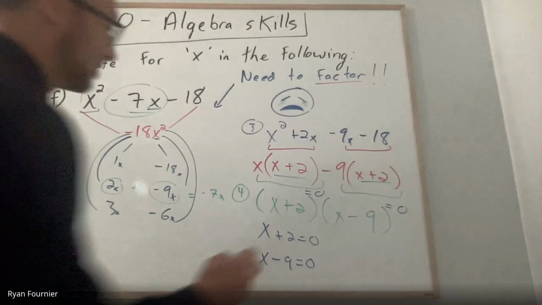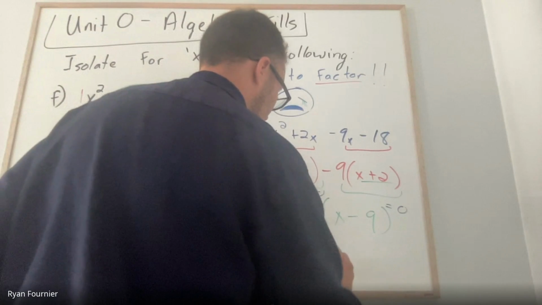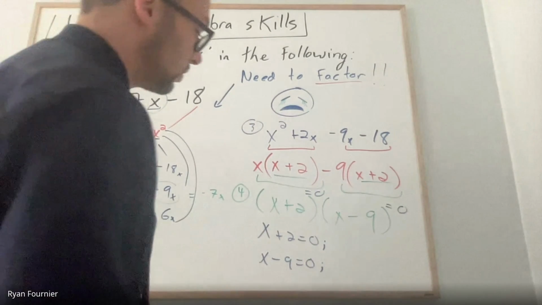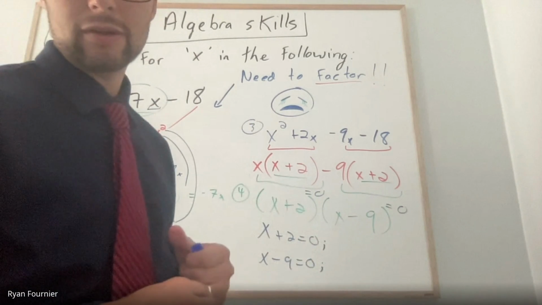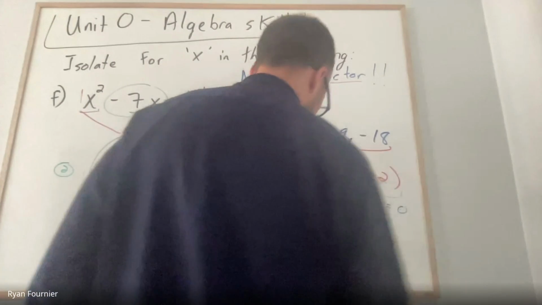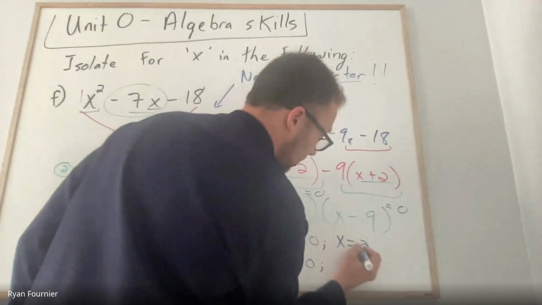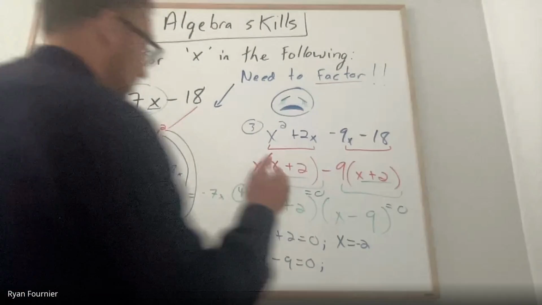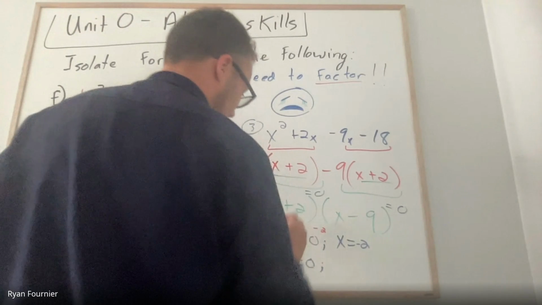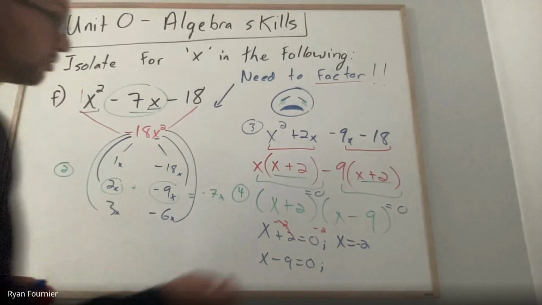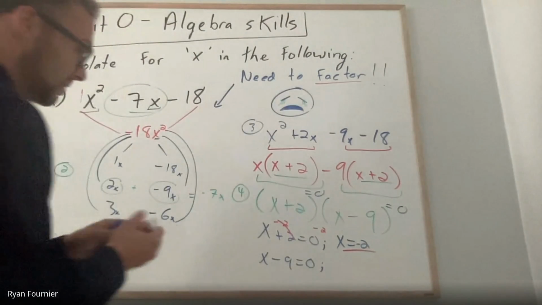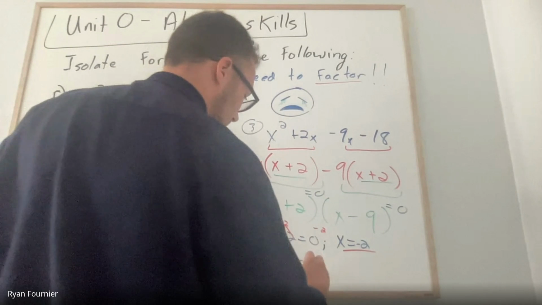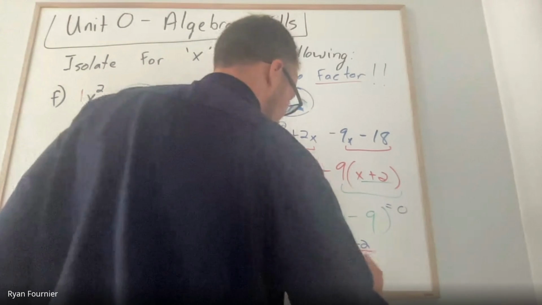Which means, if I want to find out what x actually equals, for x plus 2 equals 0, what does x actually equal? Yeah, x equals negative 2, because in order to isolate for x, I would subtract 2 from both sides. So 0 minus 2 would be x equals negative 2. Or x could equal, if I got x minus 9 equals 0, then I add 9 to both sides. And so it would just be x equals 9.